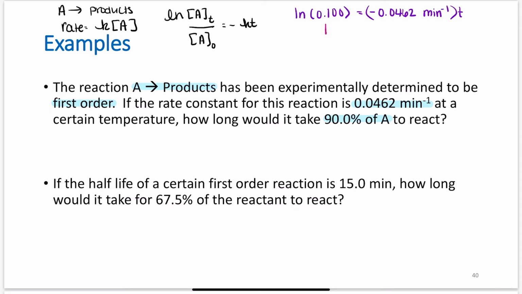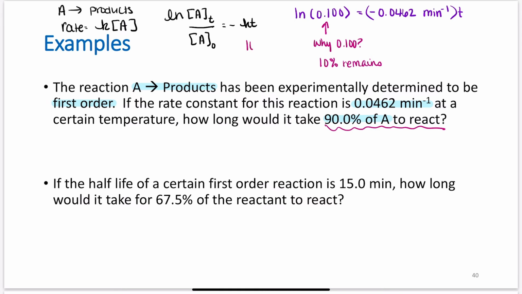Where did I get this number? That represents 90% of A has reacted. That represents 10% remains. That's the ratio of how much remains to how much I had originally.